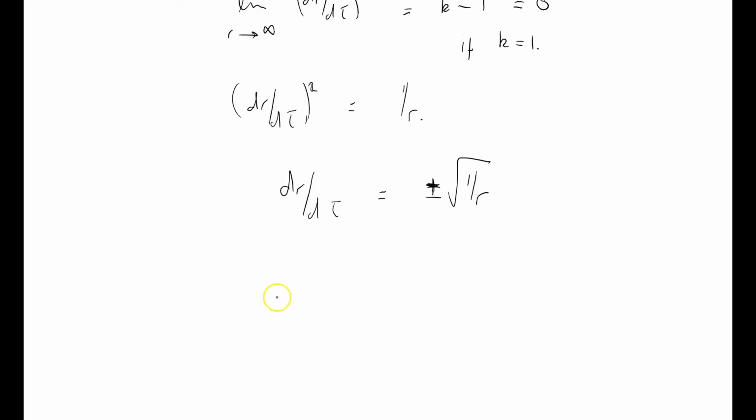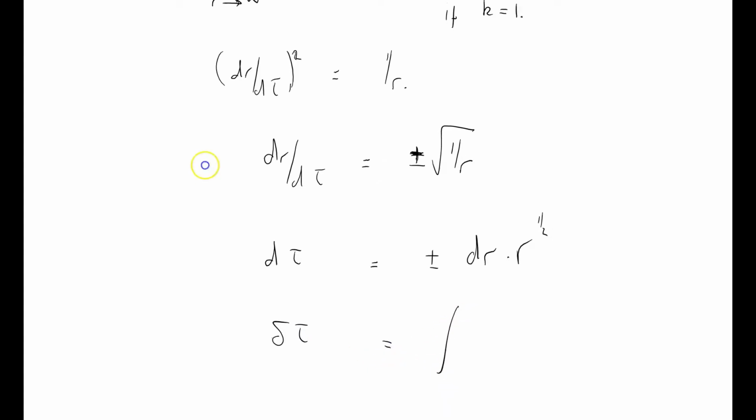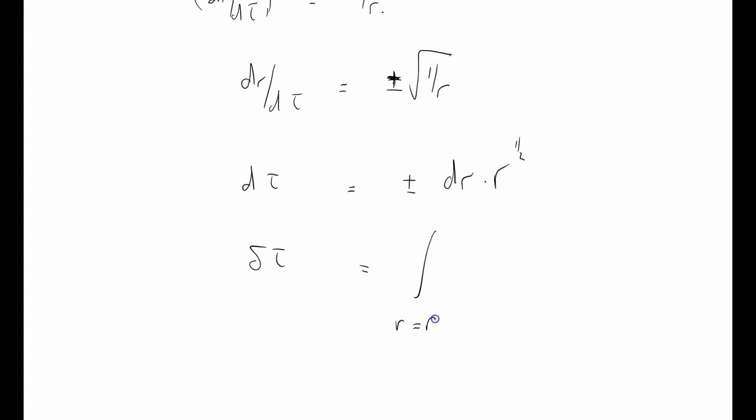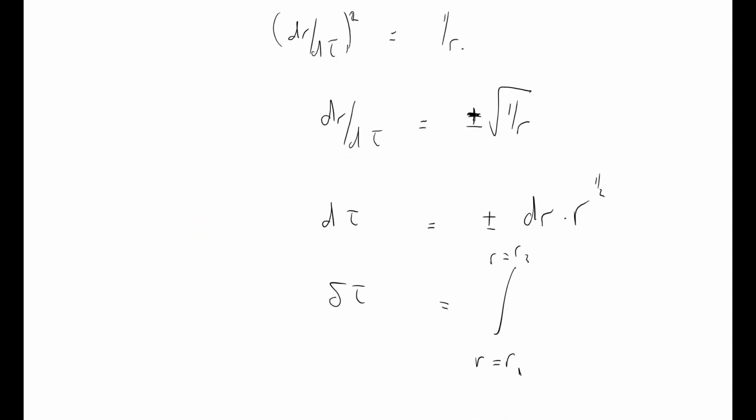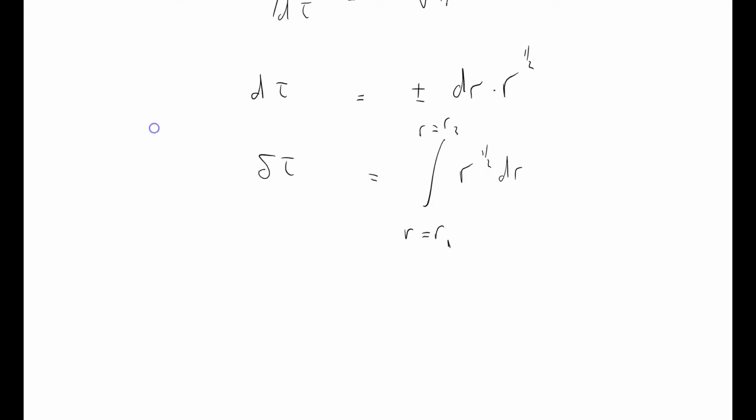So that tells me that d tau equals plus or minus dr times r to the 1/2. And of course we can integrate that: delta tau equals the integral from r equals r1 to r equals r2, moving along this geodesic line specified by k equals 1, of r to the 1/2 dr, and of course that's easy.